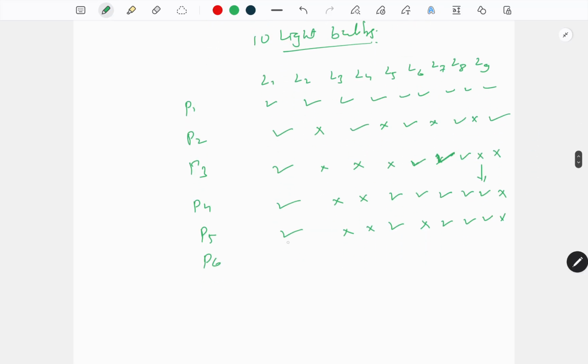Then P6 comes and toggles its multiples, and P7 toggles its multiple as well. P8 would turn off now.